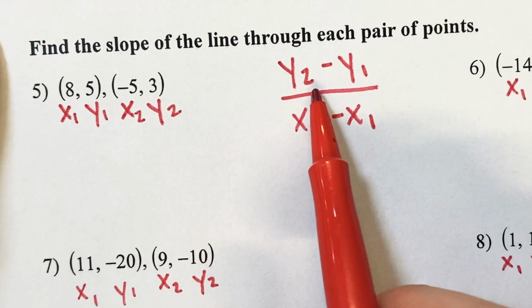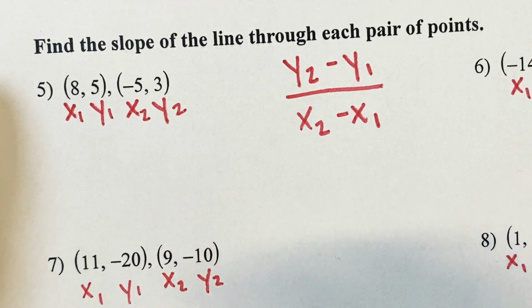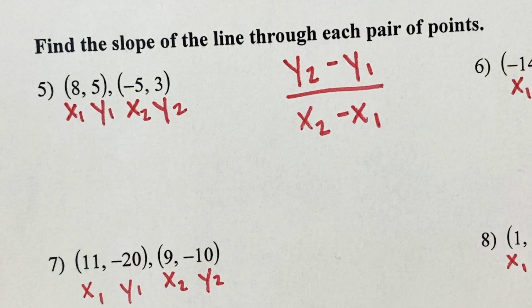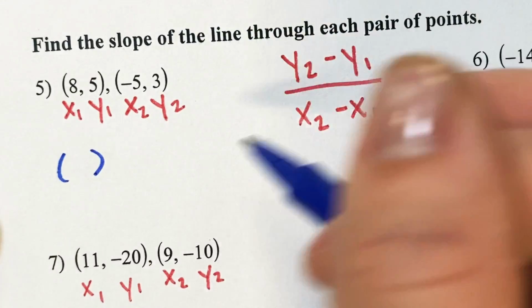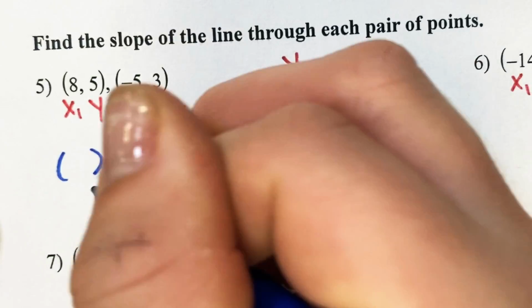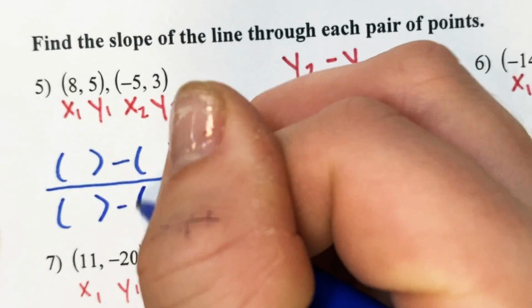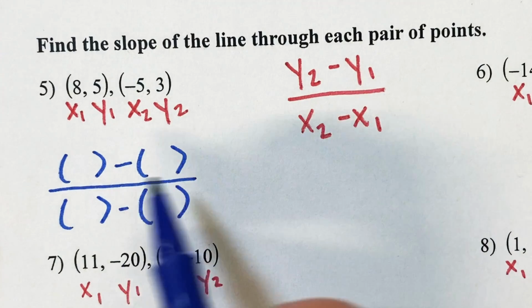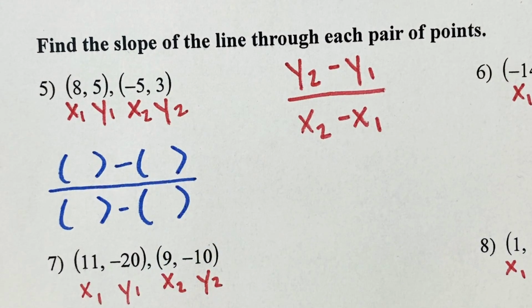Instead of writing y2 minus y1, I want you to put spaces in your formula. So I'm going to rewrite it. Instead of y2, I'm just going to put a space. We just took away the letters and we're going to replace them with numbers.